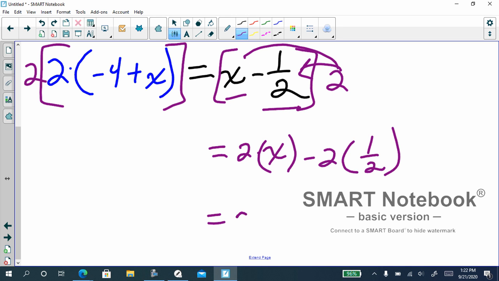So that gives us 2x minus, when we multiply here, we can put a 1 on bottom, to remind us that the first 2 is on top. That 2 and that 2 cancel. So we're just left with 1 over 1, or just 1.